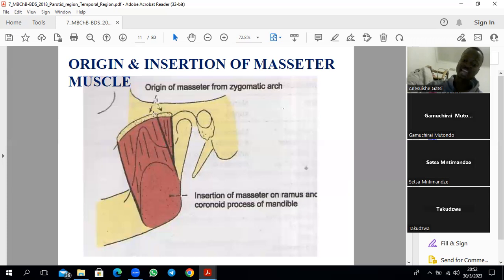I think yesterday I gave a clear example that the medial border of the ramus of the mandible is the lateral border of the infratemporal fossa. Meaning to say, if masseter is on the outside, which is the lateral border, it's outside the infratemporal fossa. Right. Where do you think the masseter originates?